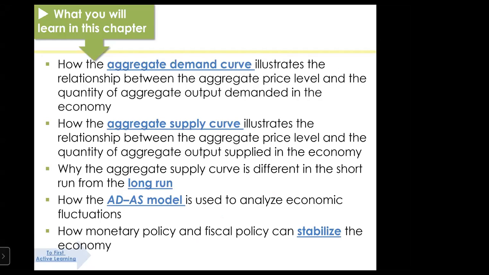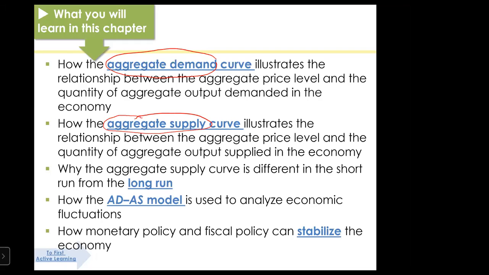So we start with aggregate demand, but you're going to see this aggregate demand largely comes from the income expenditure model we just concluded. After that, we're going to look at aggregate supply. The key thing in aggregate supply is going to be sticky wages, which is a very important concept in macroeconomics.